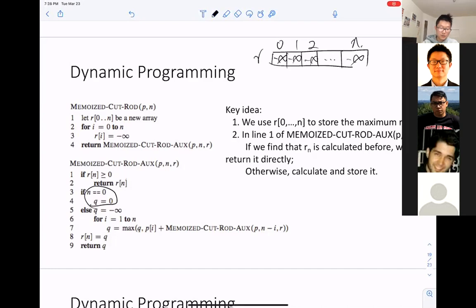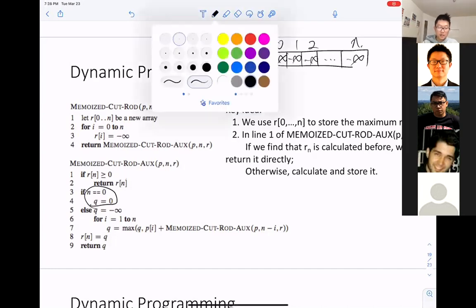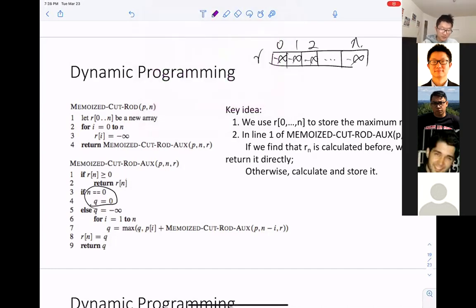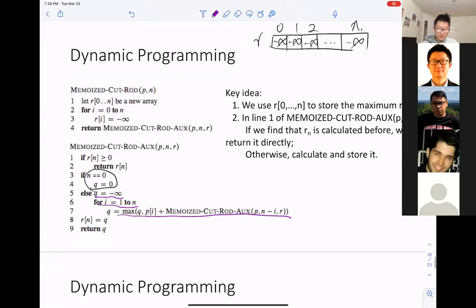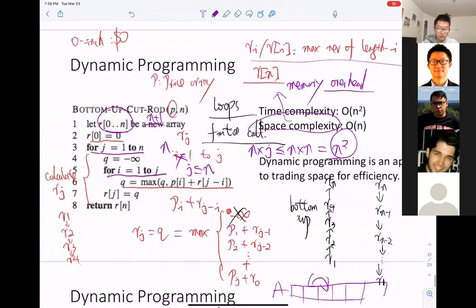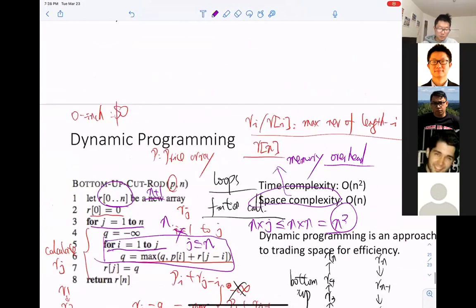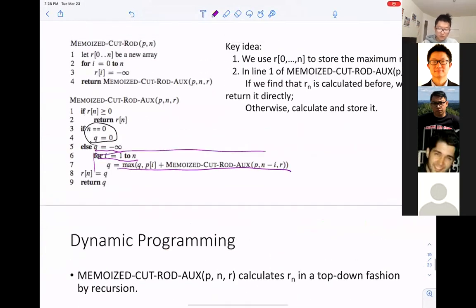If we got a route of length 0, we can make $0 from it. Next we have Q as negative infinity. And for i starting from 1 to N, we're going to do this. This is exactly the same as what we do over here. For i starting from 1 to j, it enumerates all the possible places of the first cut and calculates Rn.